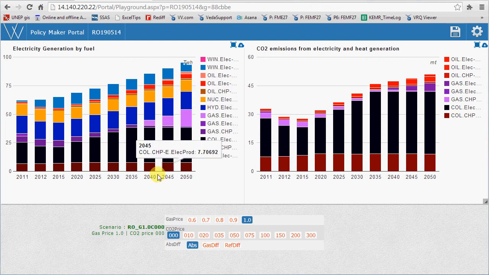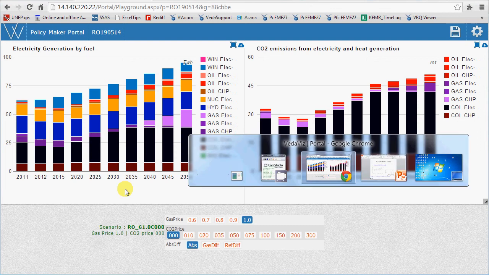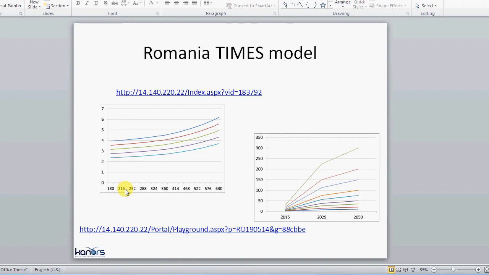So this is the reference case, and the sensitivity was basically done on gas price and CO2 price. So to see those scenarios on this chart, you see the alternative gas prices that have been used. So the top curve is the reference case gas price.